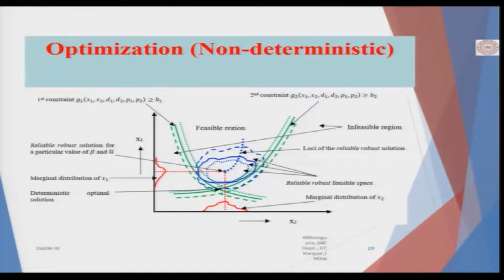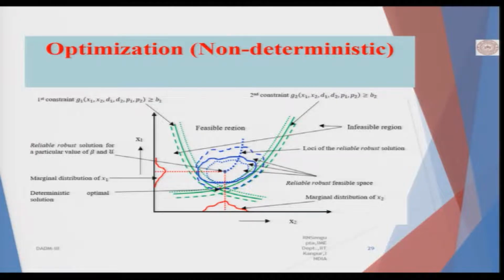Now, consider, as I mentioned, that the distributions are non-normal, and I am portraying that with these two red marginal distributions which I have drawn. The dotted lines, the dotted green one, the smaller dotted one and the larger dotted ones, are the perturbations happening for the constraint.